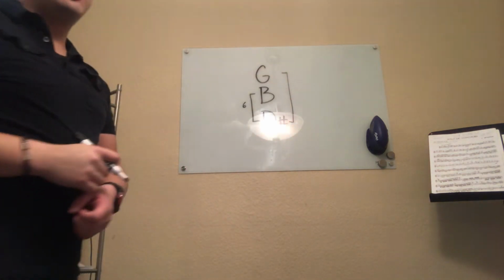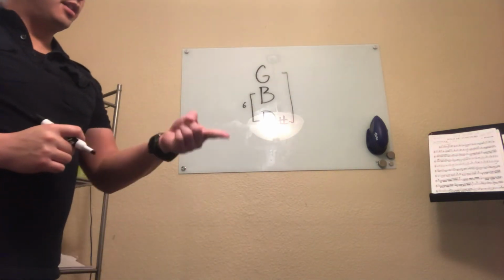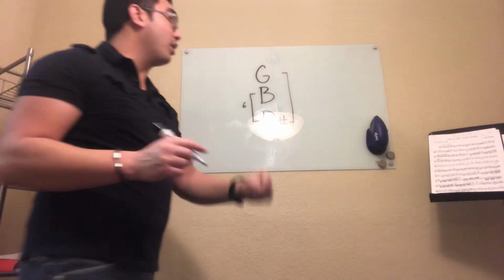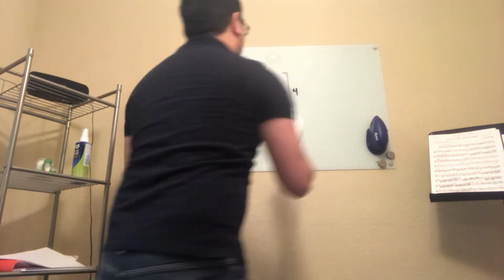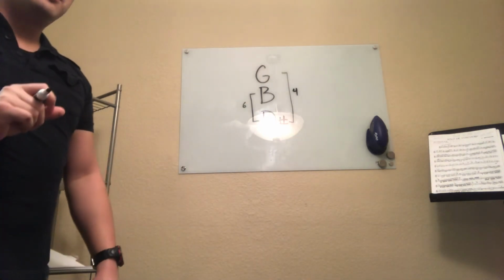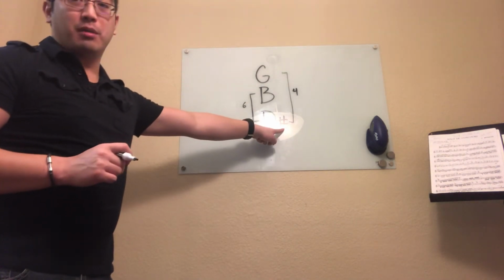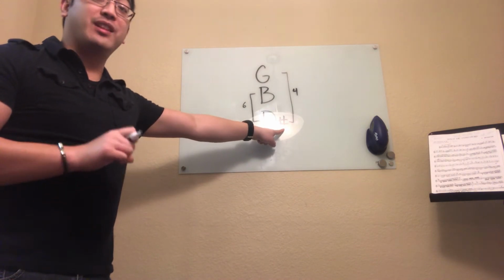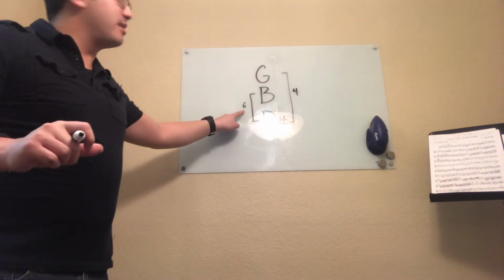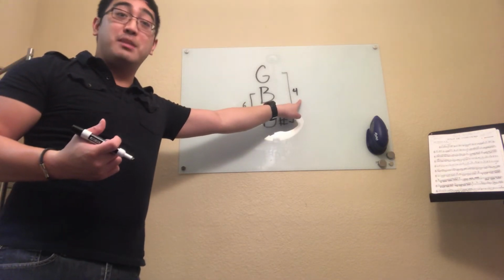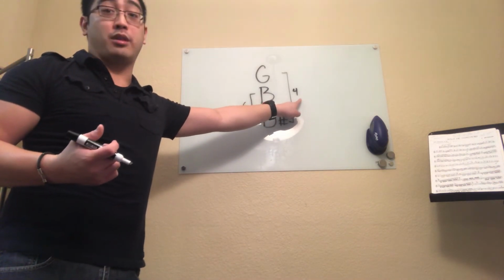D to G. D, E, F, G is a fourth. You notice when I was doing this, I wasn't really building the major scale, and I didn't even count the sharp. All I had to do was figure out the letters, because this doesn't tell me major minor sixth. This doesn't tell me perfect augmented or diminished fourth, it just tells me fourth.